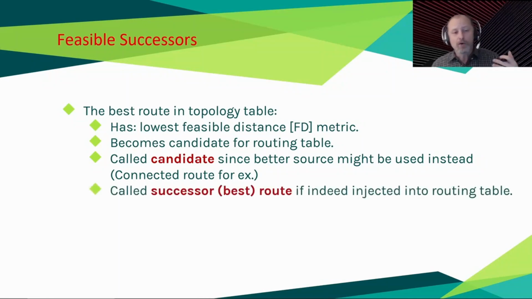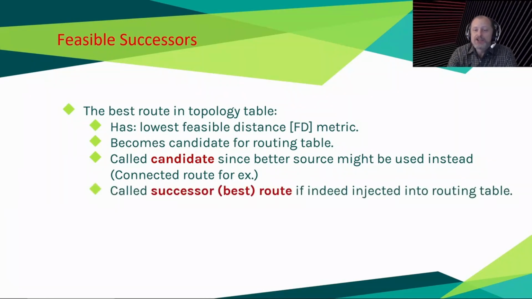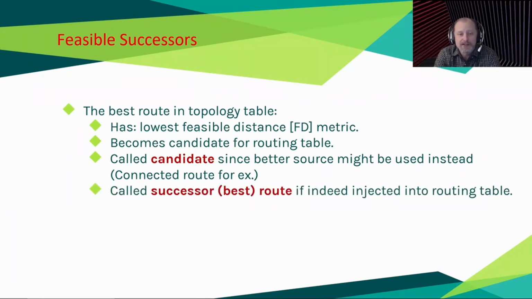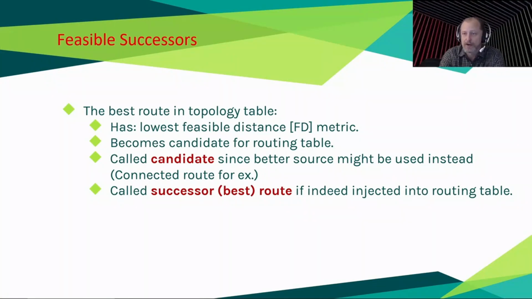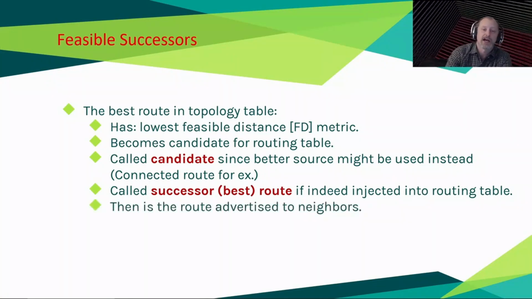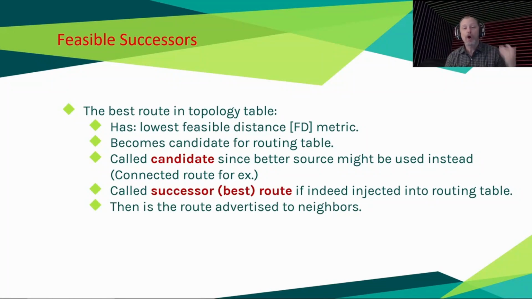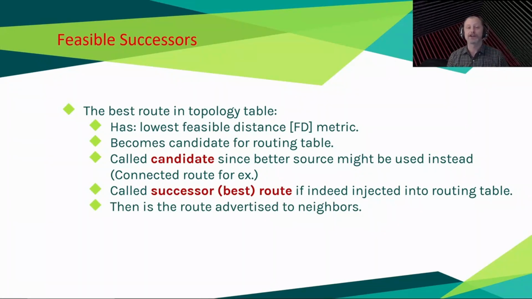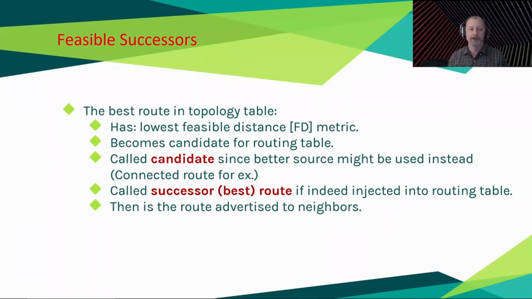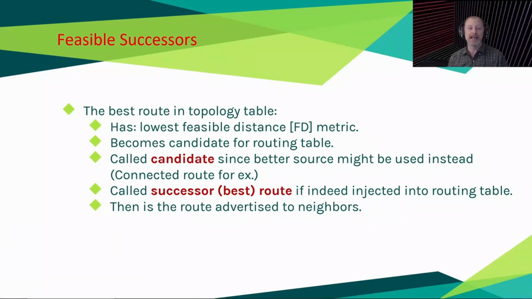So if it does get injected into the routing table, we call it the successor route, which is the best route, okay? And that is what is advertised to the neighbors. Because again, we're only going to advertise routes that are actually in our routing table. So if a route doesn't make it into the routing table, it's not getting advertised.